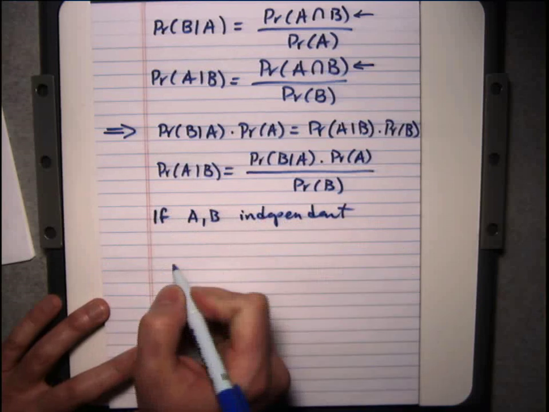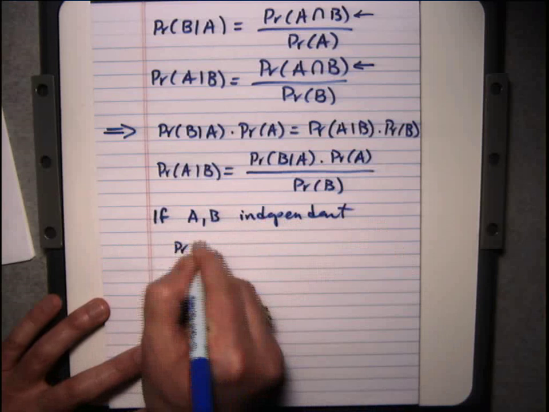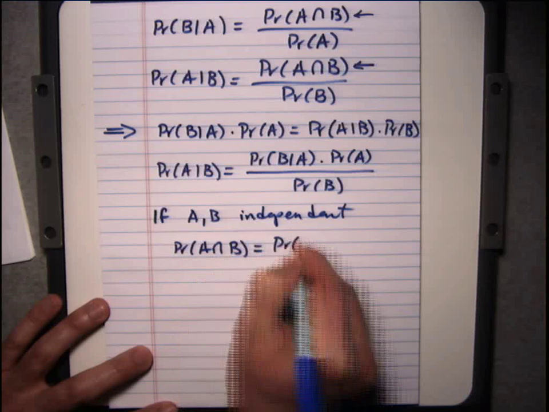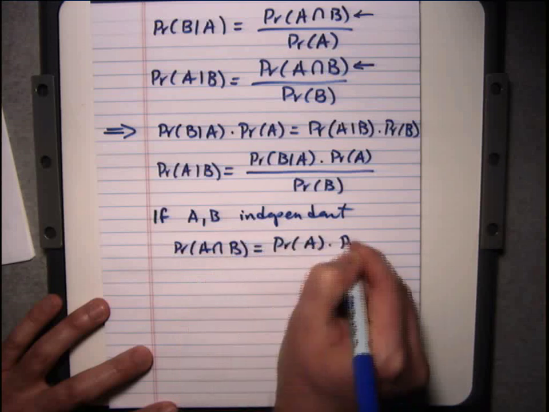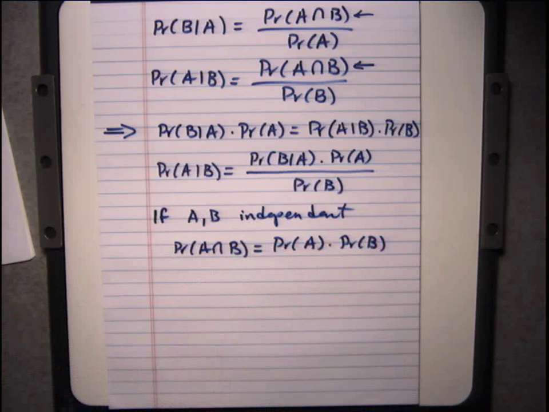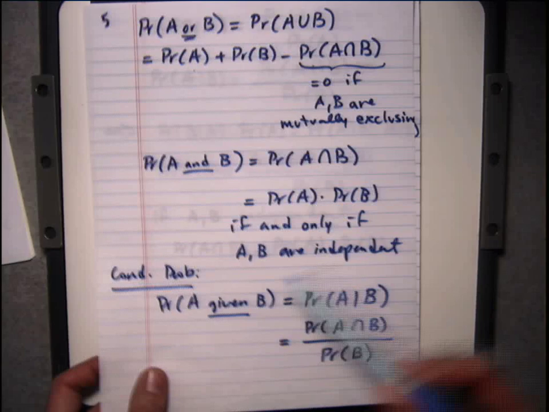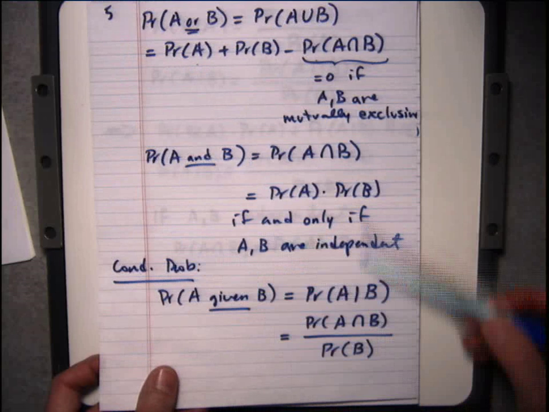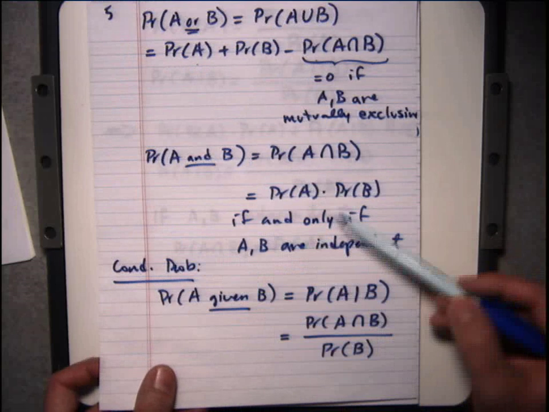Then what that means is the probability of A intersection B is just the probability of A times the probability of B. Right? We saw this in the previous page. Right? If and only if A and B are independent, this intersection is just the product of the two probabilities.